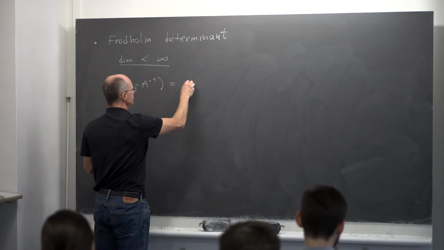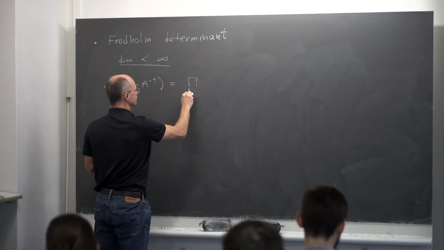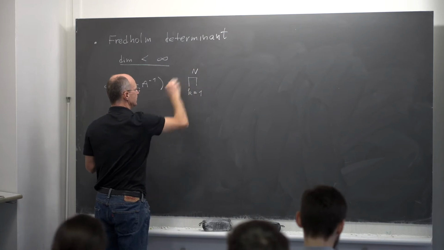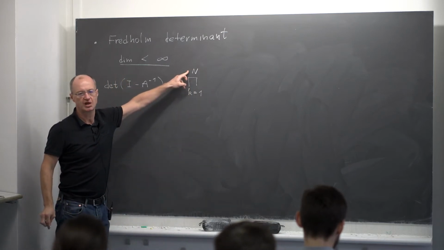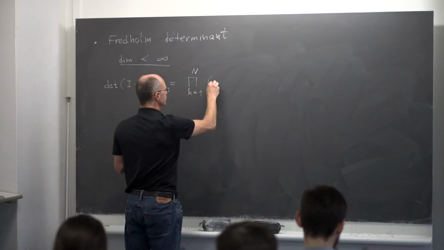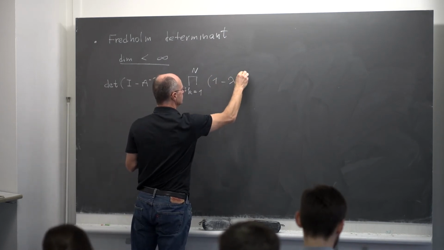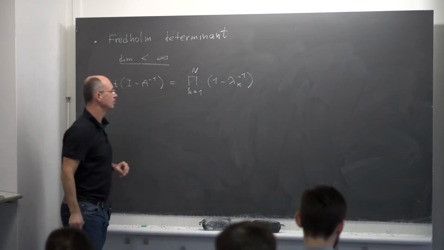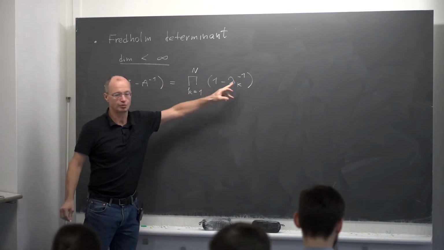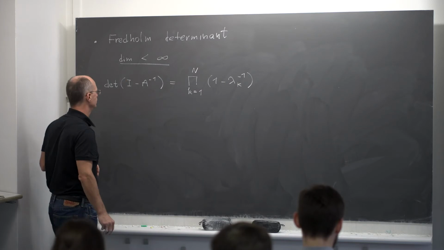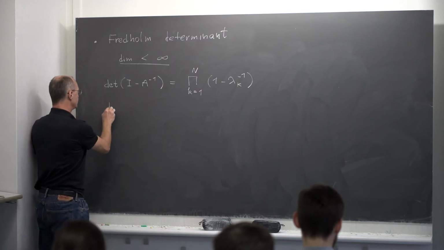Well, this is simply a product, let's say our dimension is some capital N. So this is simply the product of eigenvalues. And eigenvalues are simply 1 minus lambda k inverse.